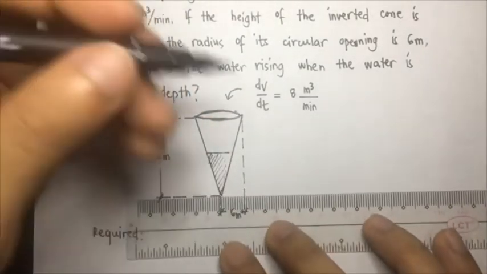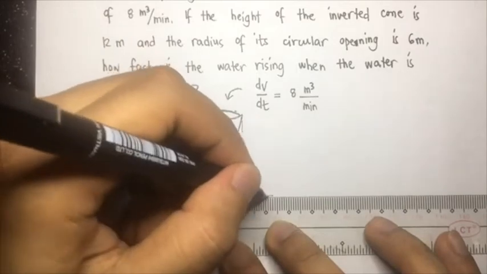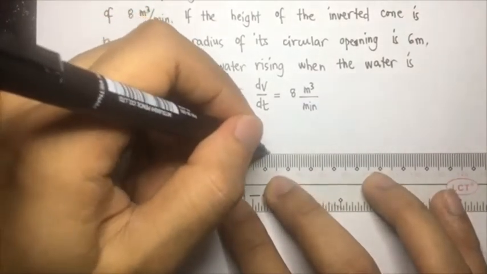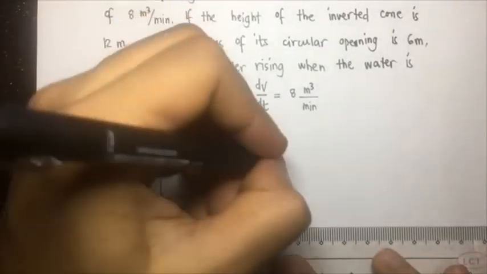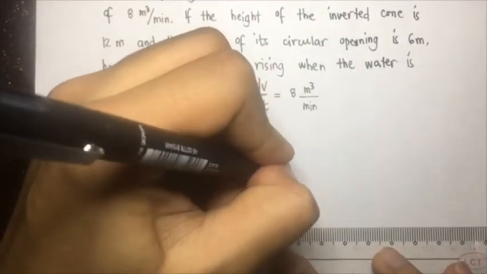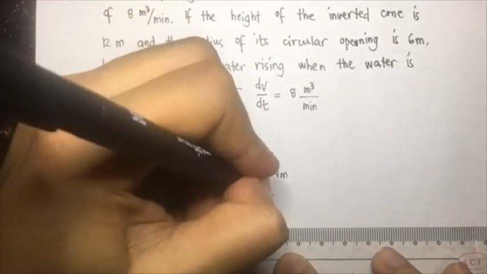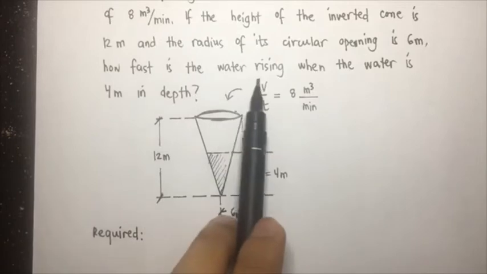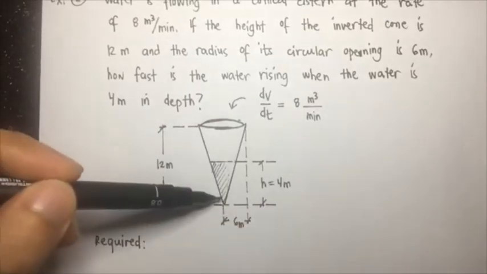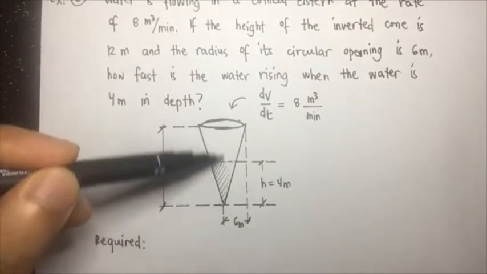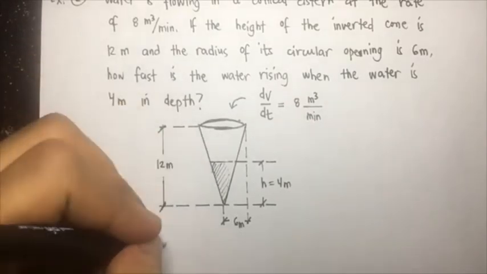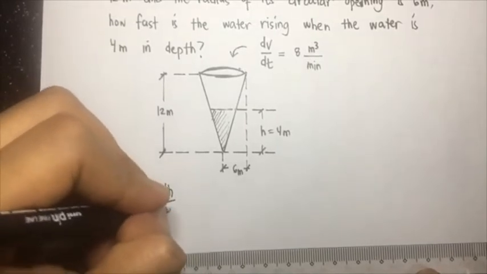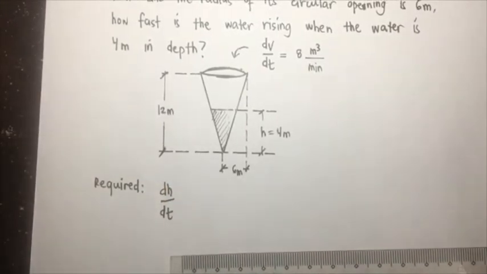If we have a height of 4 meters, determine how fast the water is rising. How fast the water is rising will correspond to the rate of change of height with respect to time.